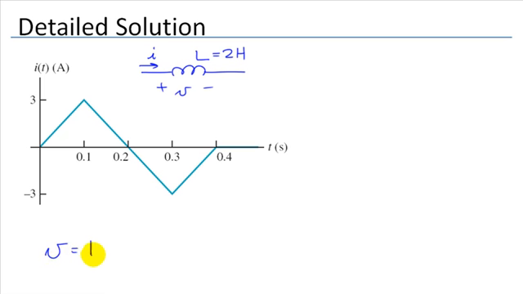From this we write that the inductor voltage is the inductance times di dt, or times the derivative of current. In this section of the current waveform, we have a rise of 3 amps divided by a run of 0.1 seconds. So we say the slope of that straight line segment is 30 amps per second.